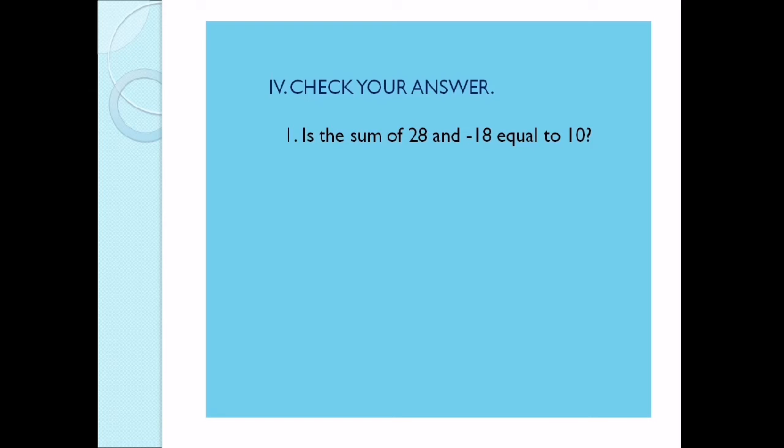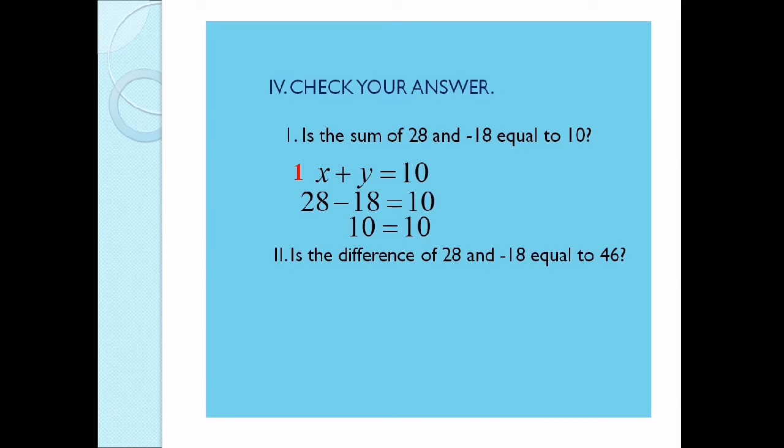First, is the sum of 28 and negative 18 equal to 10? So, equation 1 is x plus y equals 10. So, 28 minus 18, because that is negative 18, 10 equals 10, and that is correct. Is the difference of 28 and negative 18 equal to 46?